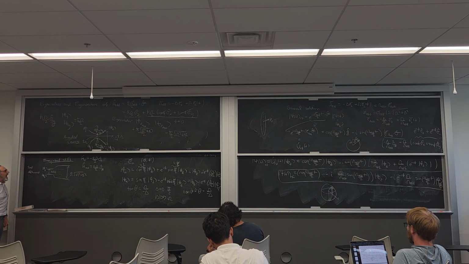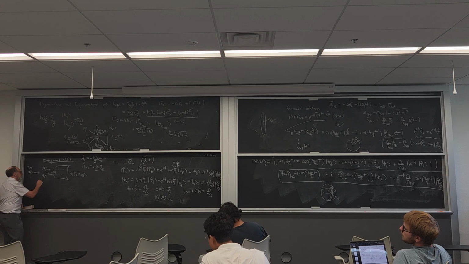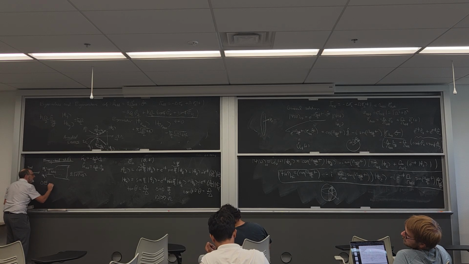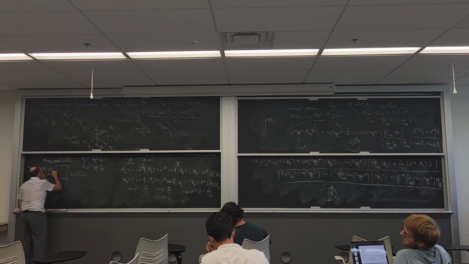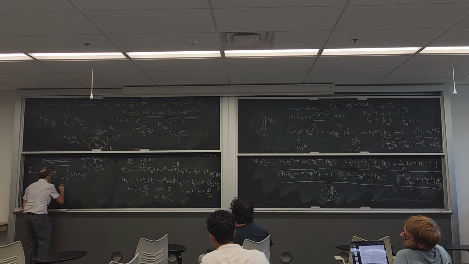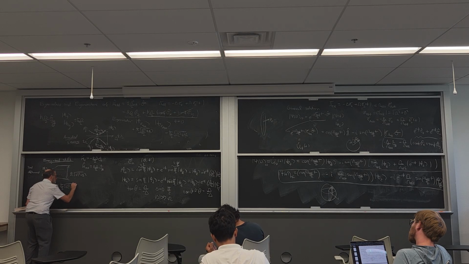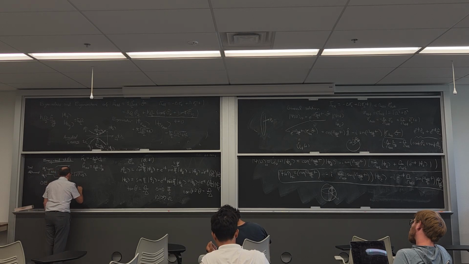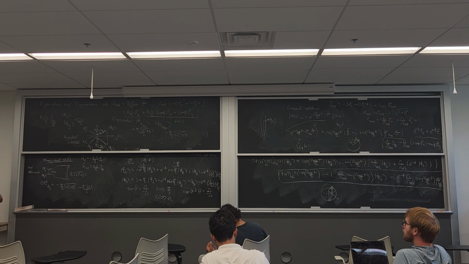Okay? What is the energy level shift in this case? So the energy level shift, say, for the ground state, was minus h bar omega this over 2. That's the energy level shift.